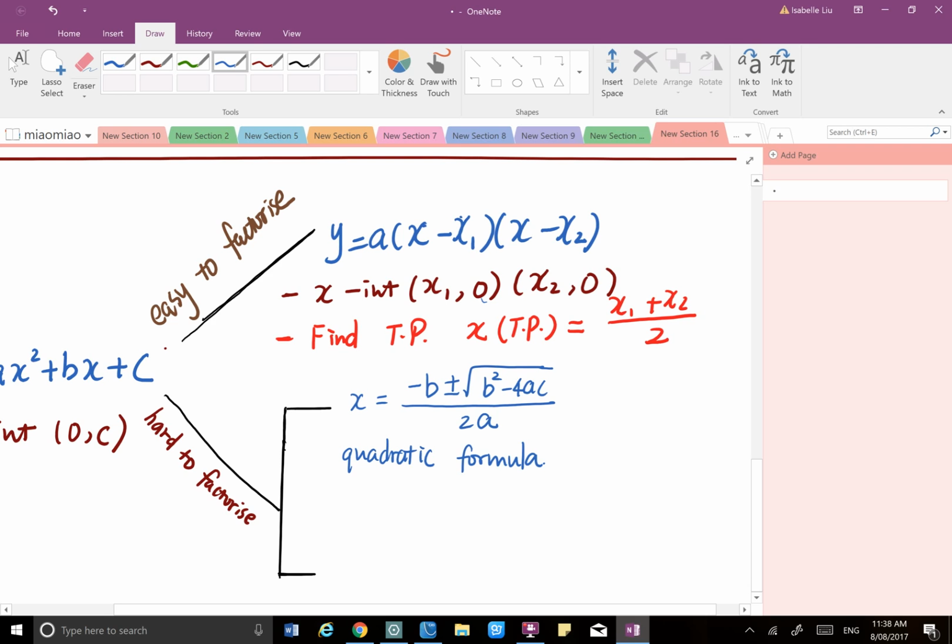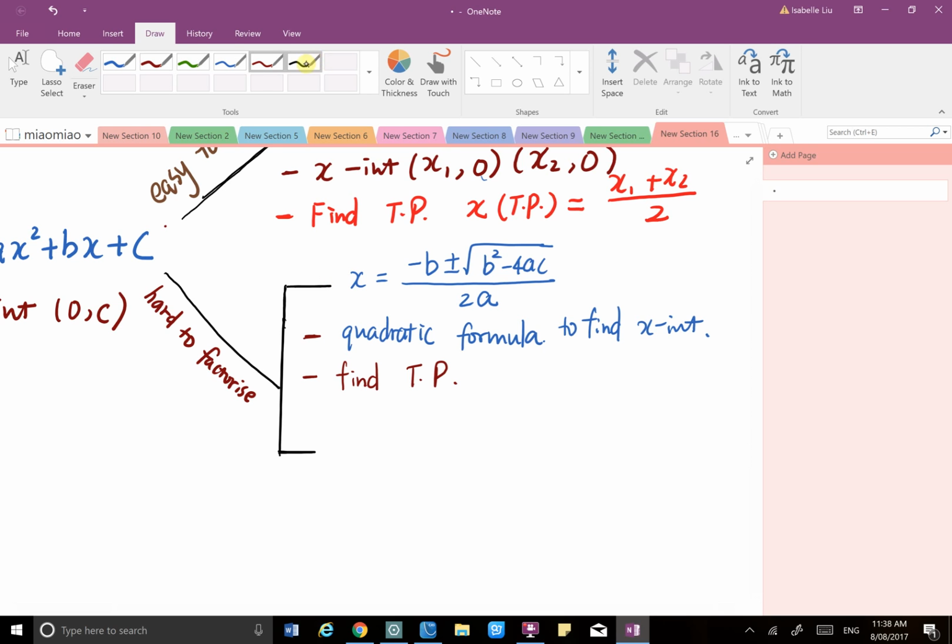We use the quadratic formula to find the x-intercepts. And the next one is find the turning point. It will be pretty much the same as the first method.